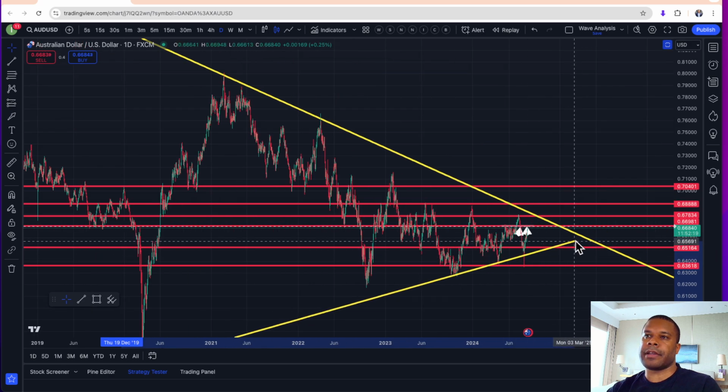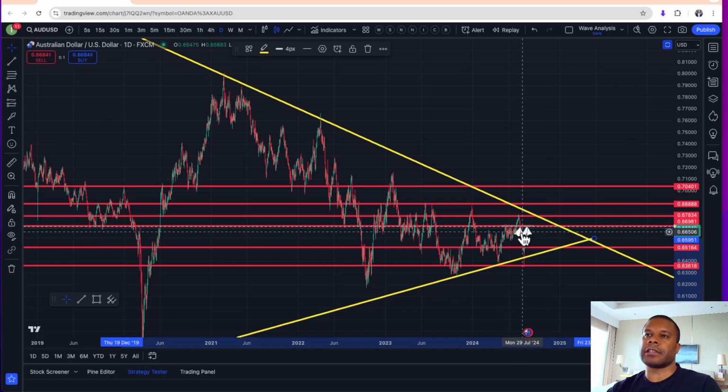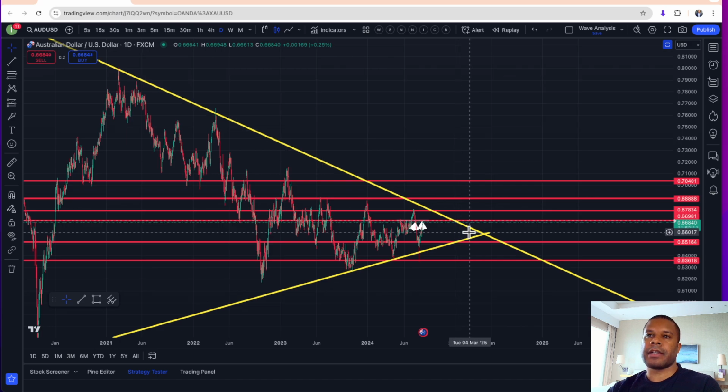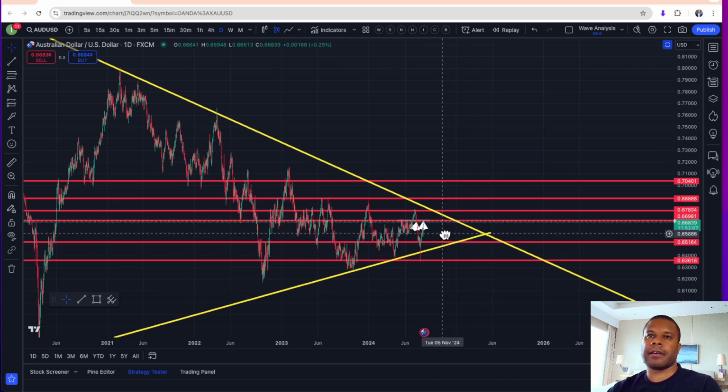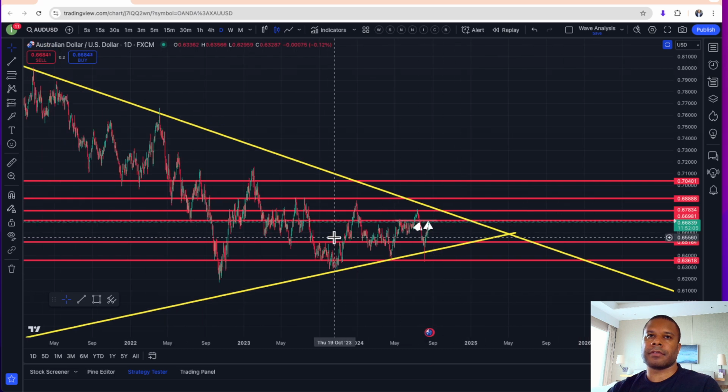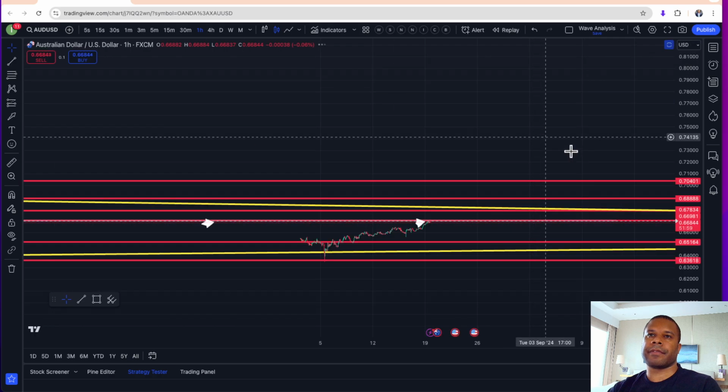And so what's happening here, we're seeing this triangular pattern forming. And normally when the market starts to get to the closest point of the triangle, we'll normally see a big breakout, either on the upside or the downside. But for right now, we're seeing this market ranging. And of course, again, that's on the daily.